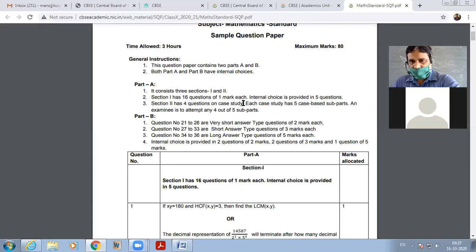So you finish other questions, then go for case studies in class. Otherwise for those 16 marks you may not get sufficient time.